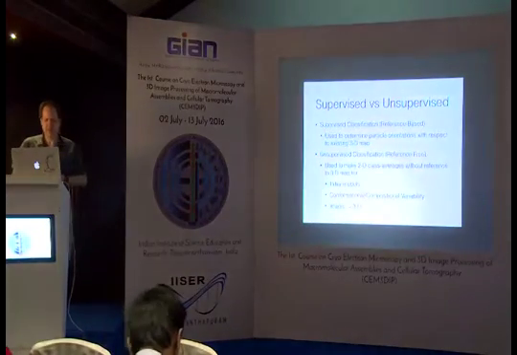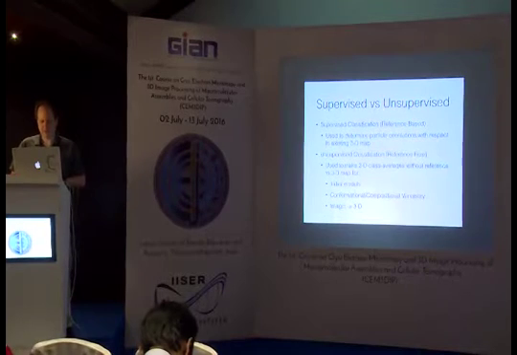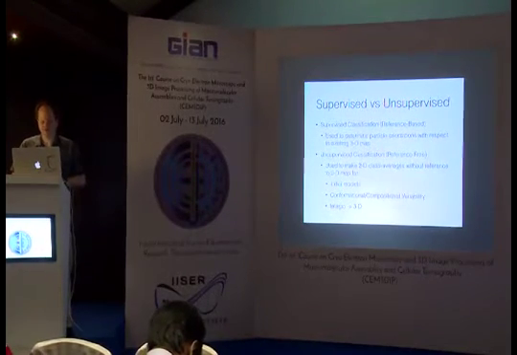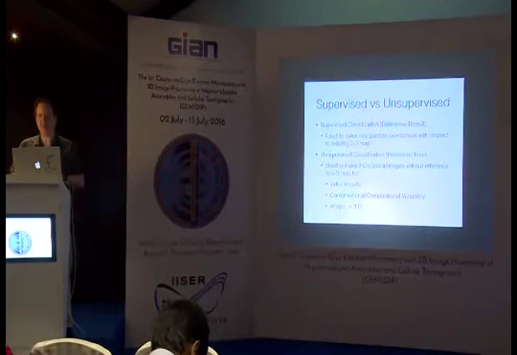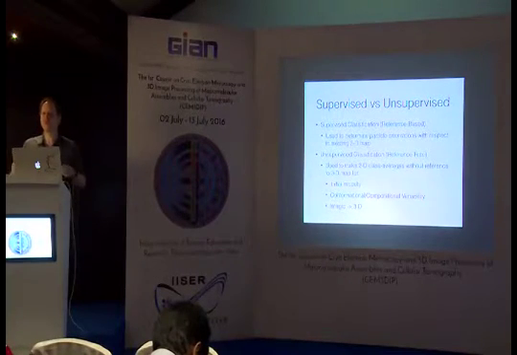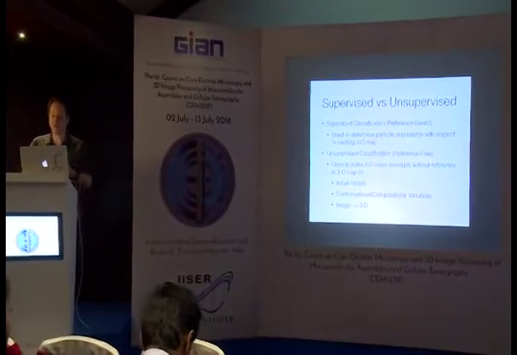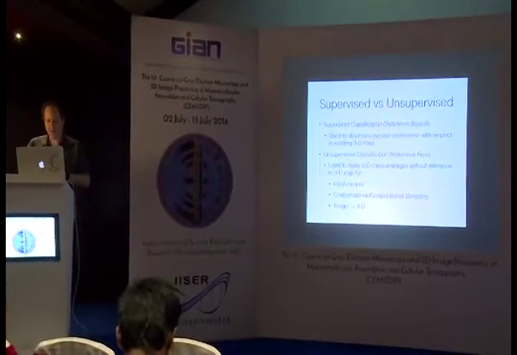So there are two general types of classification that you do with single particle data. There's so-called supervised classification, and there's unsupervised classification. The difference is that supervised classification is based on references. In other words, you're classifying particles into groups defined by existing three-dimensional or two-dimensional pictures or three-dimensional maps.